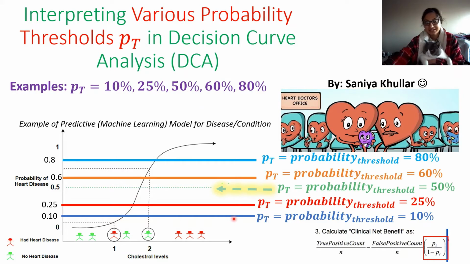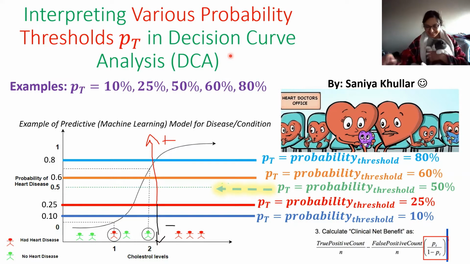And how does that change? Based on a probability threshold, anything above that probability threshold is assigned to a positive class. Anything below is assigned to a negative class. So here patients are predicted as negative if below a probability threshold of 25%, and here they're predicted as being positive. And here we'll be walking through a lot of different examples for all these various probability thresholds.